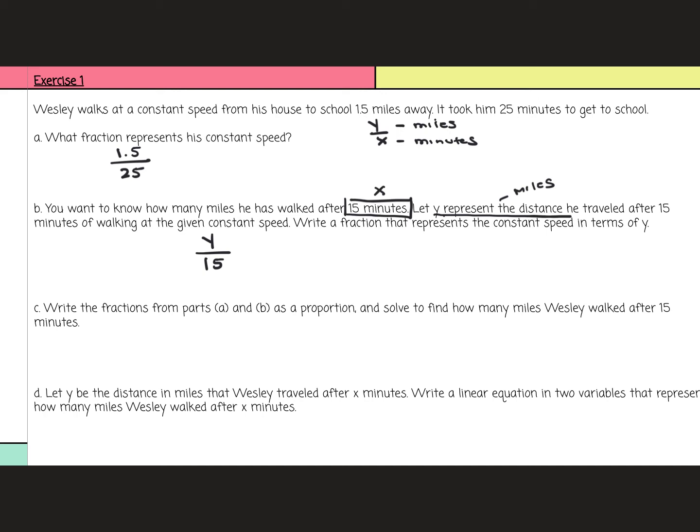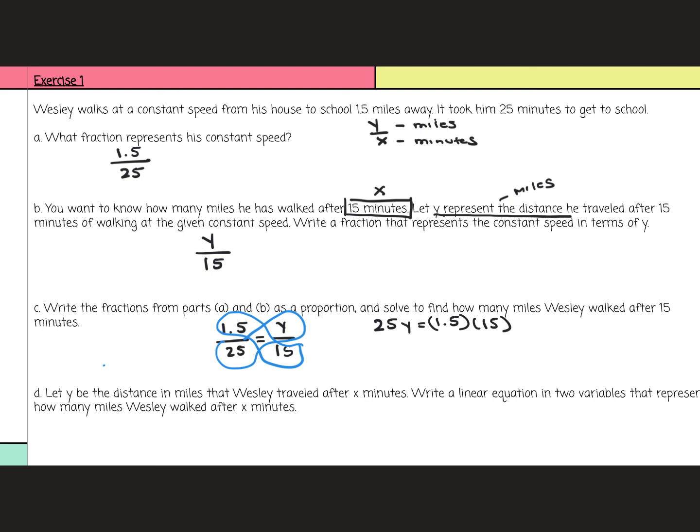All right, part C says, write the fractions from part A and B as a proportion and solve to find how many miles Wesley walked after 15 minutes. So we have 1.5 over 25 is equal to y over 15. Again, we're going to cross multiply. So I have 25y is equal to 1.5 times 15.